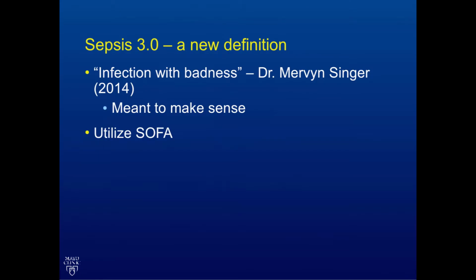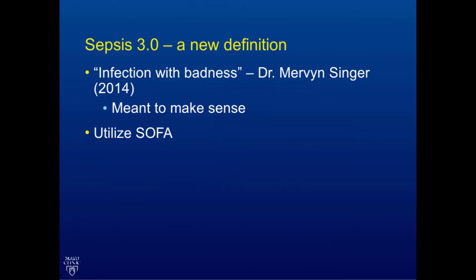In 2016, a group of ICU doctors, and I'm very specific that they're ICU doctors, released Sepsis 3.0, or the Third Consensus Conference on Sepsis. I heard about this back in 2014 at the International Sepsis Forum, and the idea of this is to make this simpler, and I think that that is a very laudable goal.